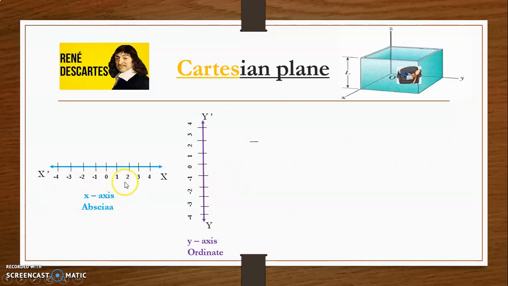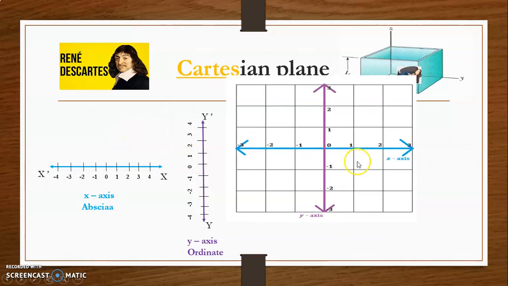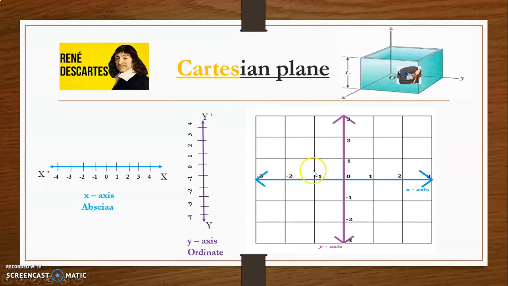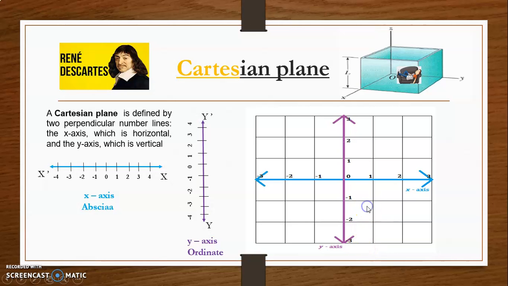So what he did, he just made a line which was perpendicular to the x-axis and set it as the y-axis or the ordinate. Okay, and this was perpendicular to the x-axis, and then he kept the 0 of this x-axis or abscissa over the ordinate 0. So he got a Cartesian plane. So this is called the Cartesian plane of x-axis and y-axis.